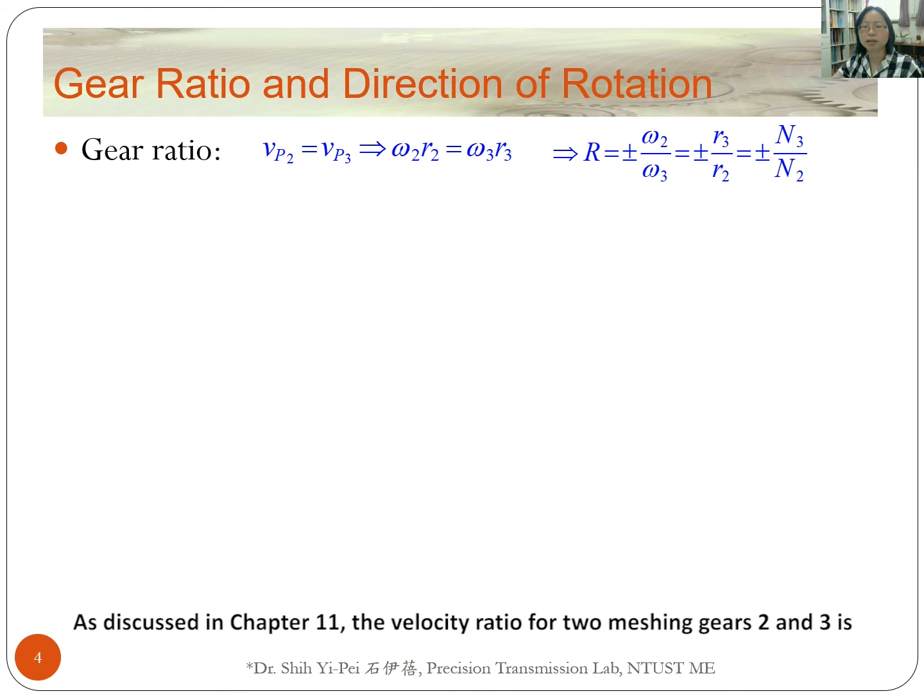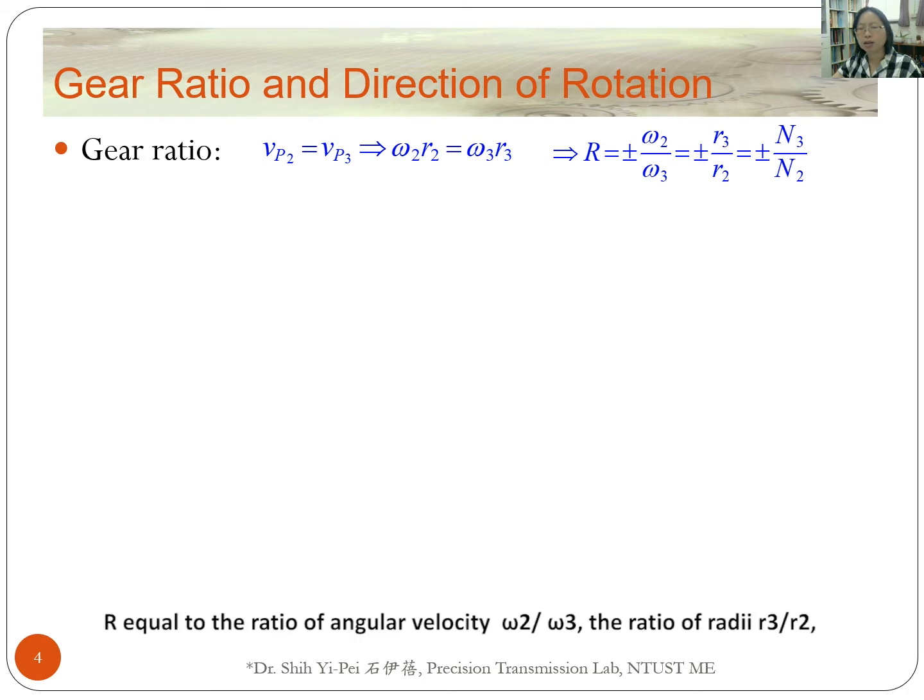As discussed in Chapter 11, the velocity ratio for two meshed gears 2 and 3 is R, equal to the ratio of angular velocities omega 2 over omega 3, the ratio of radii R3 over R2, and the ratio of teeth numbers N3 over N2.